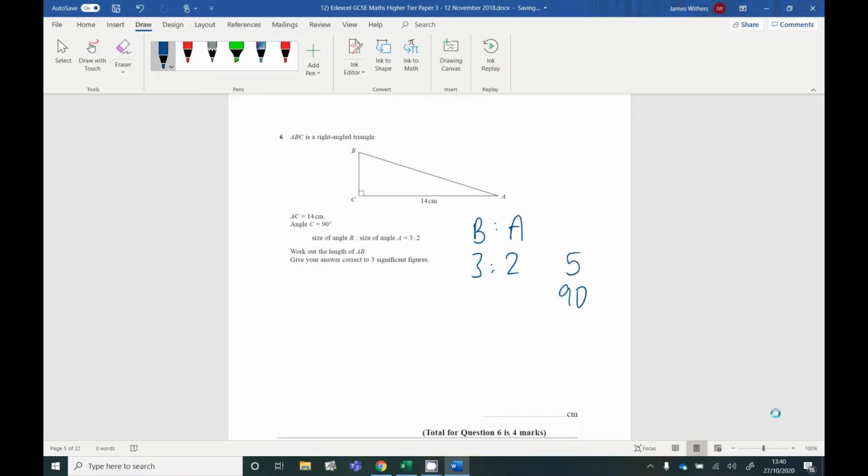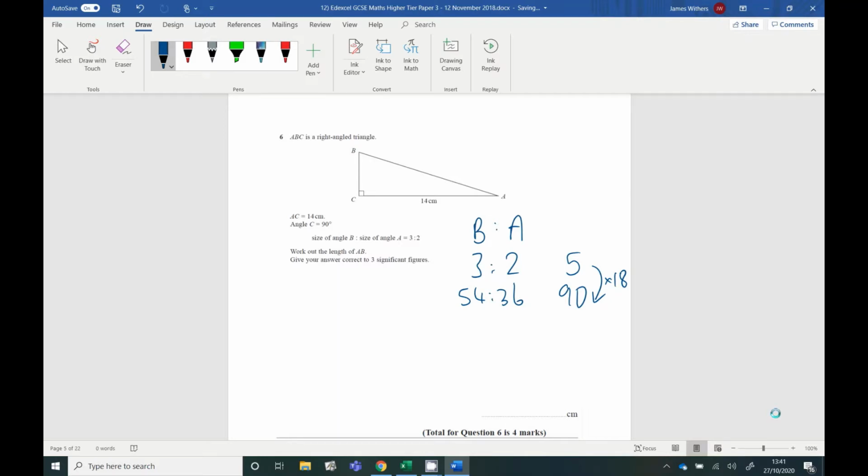So how do we get from 5 to 90? How do we apportion it up? Do 90 divided by 5, and we can see we've got to multiply everything by 18. So angle B is 3 lots of 18, which is 54, and angle A is 2 lots of 18, which is 36.